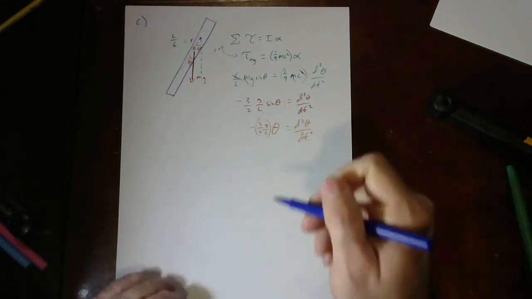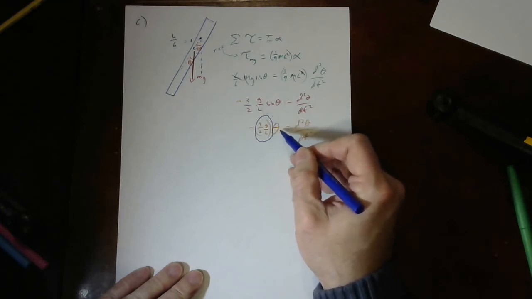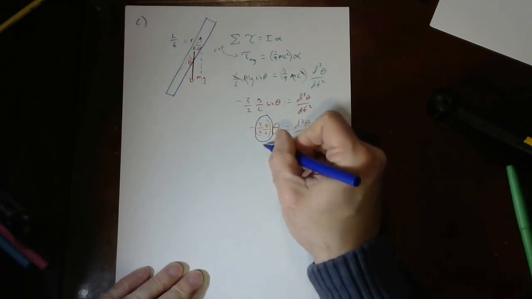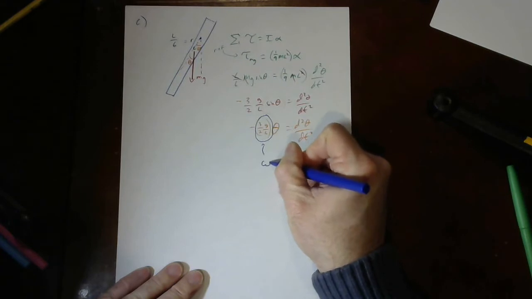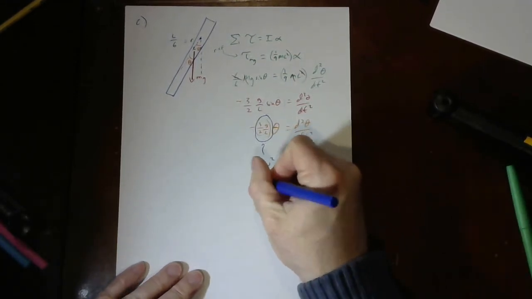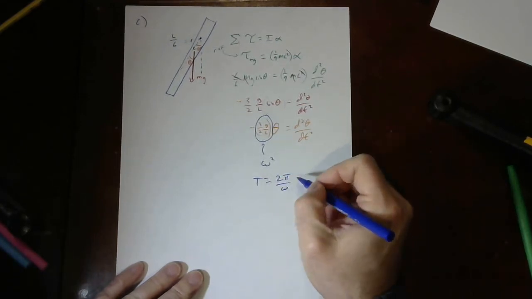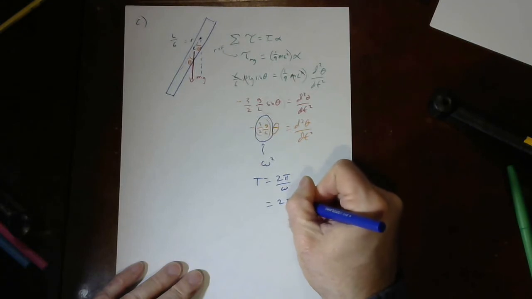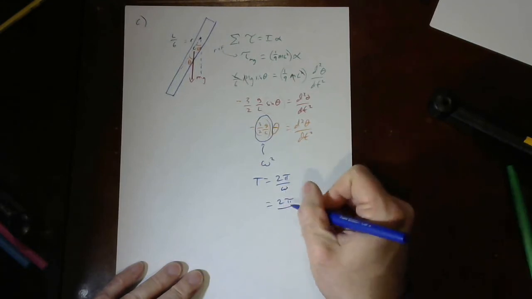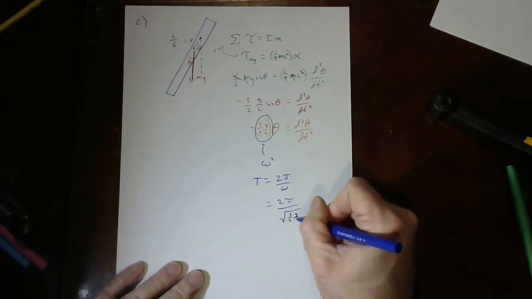And when you do this, remember the coefficient in front of your displacement variable, that is omega squared, the angular frequency, right? And the period is 2 pi over omega for any sinusoidal function. And so you say, hey, it's going to be 2 pi over the root of 3/2 G over L.